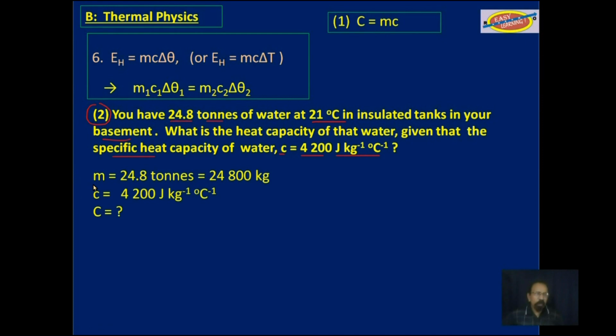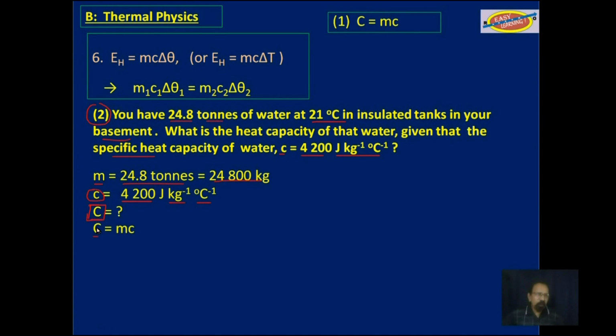So again, we write what we know. We know that the mass is 24.8 tons, and since it takes 1,000 kilograms to make a ton, we convert that to kilograms, and we get 24,800 kilograms. The specific heat capacity, we are told, is 4,200 joules per kilogram per degree Celsius, and we want to find the heat capacity.